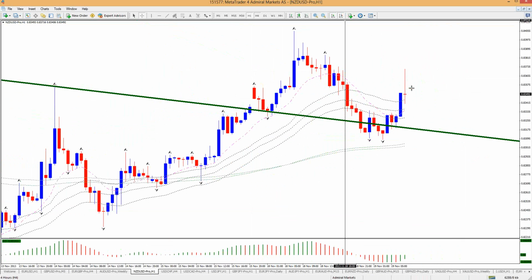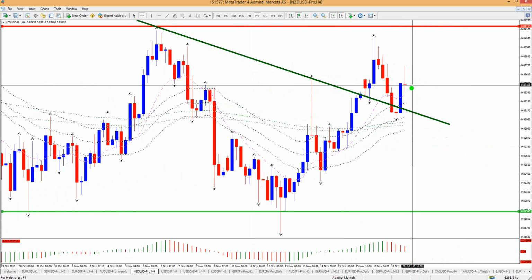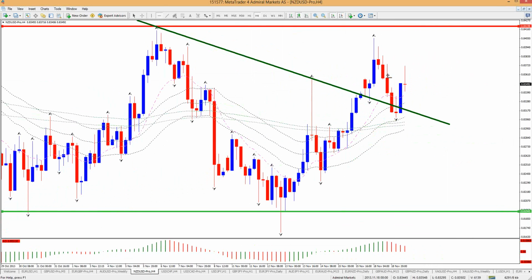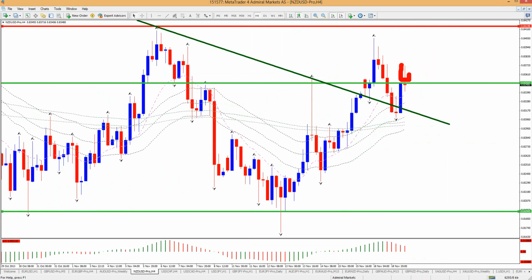And if it's a 4-hour wick like that, and it has a close below the high, below 83.50, so not only does it have this wick, it has a bearish close below 83.50 on this New Zealand dollar, then I would consider that a decent price action signal.